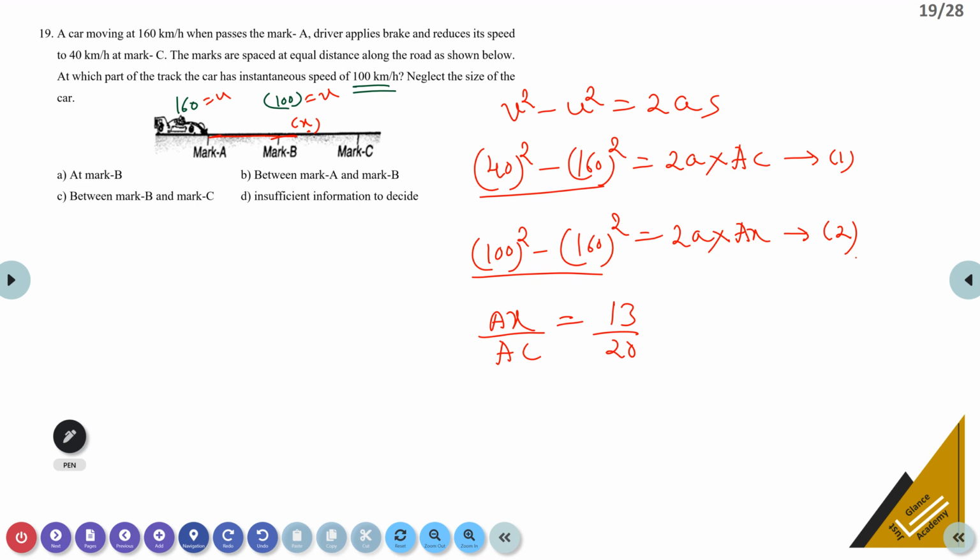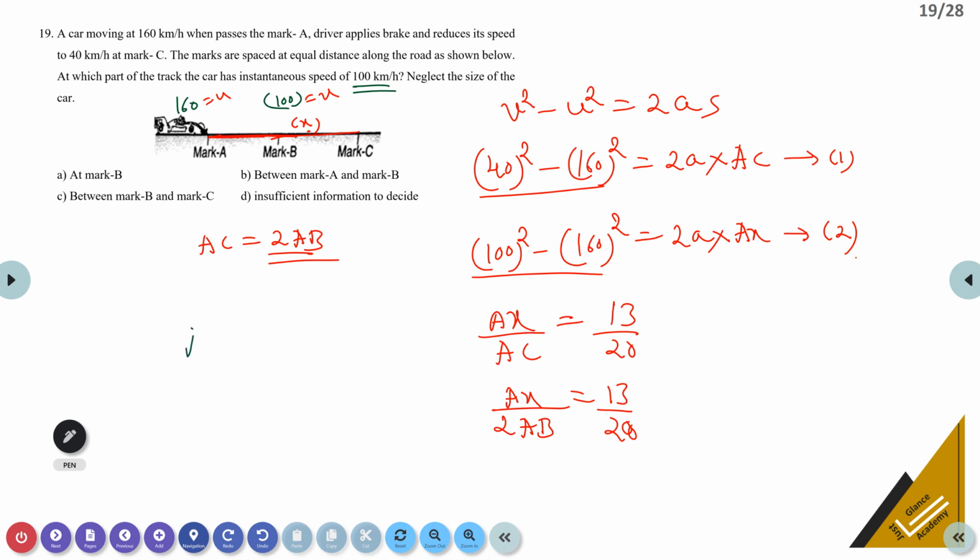But I know that AC is from here to here. It is double. AB and BC are equal. So can I write AC equal to 2AB? I can write it. So AX divided by 2AB equal to 13 by 20. Okay, fine.